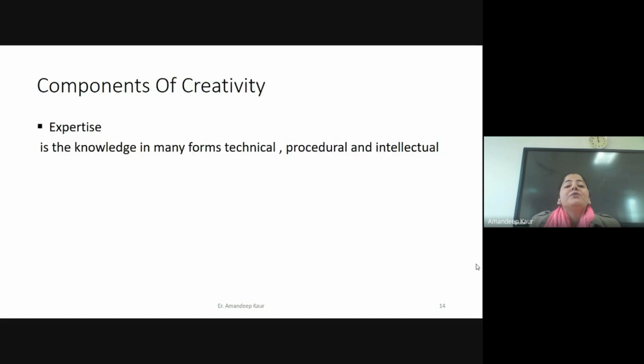So now when it comes to the components of creativity, what are the different things that we need to consider so that we can enhance the creative potential of other individuals? So the very first thing that we need to have is expertise in that particular area. So expertise is the knowledge in many forms: technical, procedural, and intellectual.